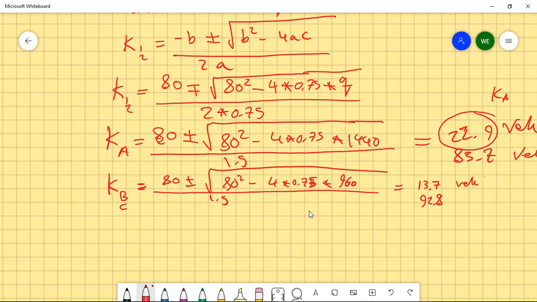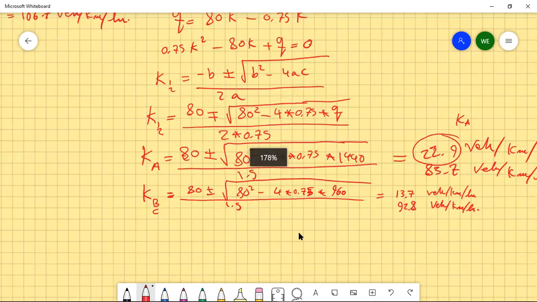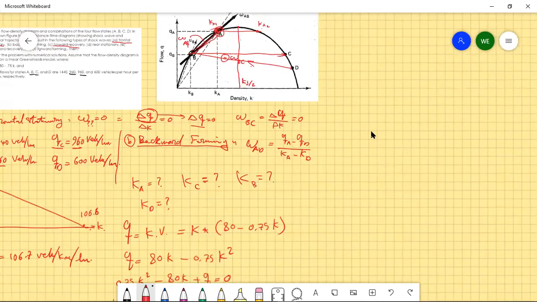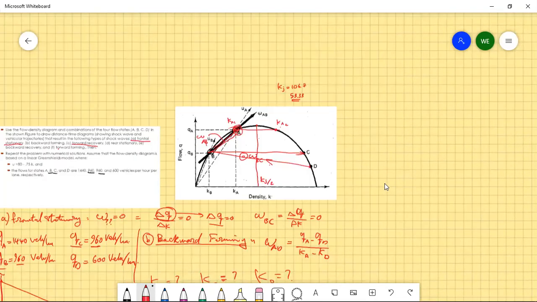Here vehicle per kilometer per lane, and here vehicle per kilometer per lane. Just bear with me. Now, which one is which? Which one is for B and which one is for C? Let's look again. That's flow state B, and that's flow state C.